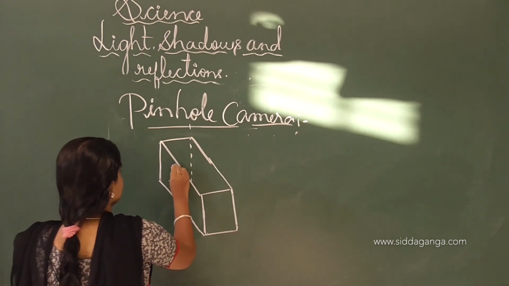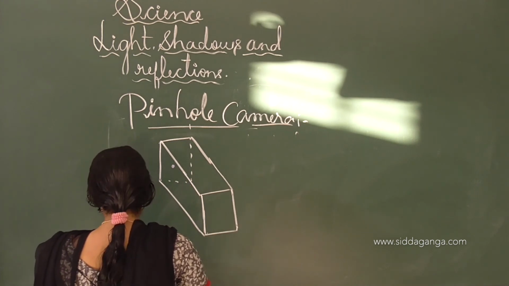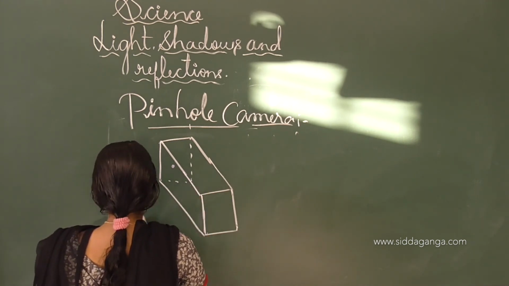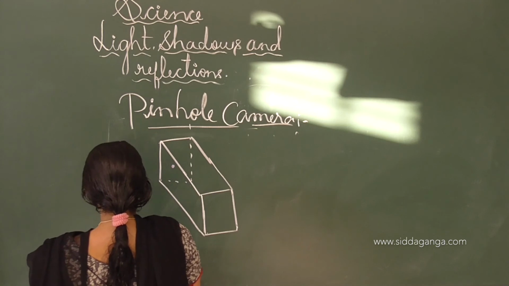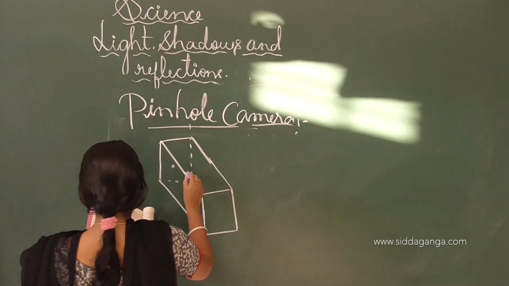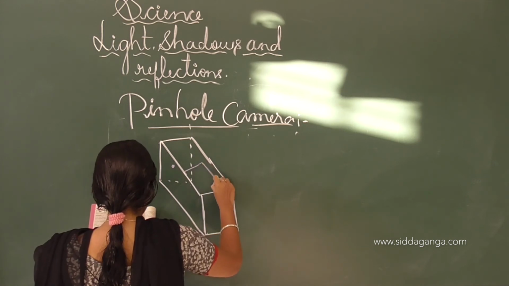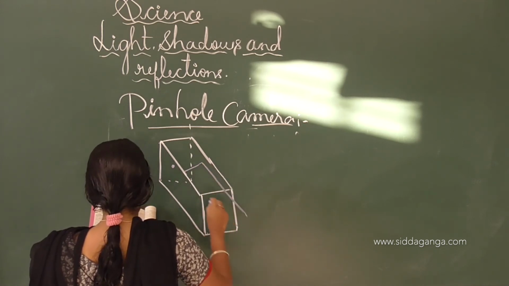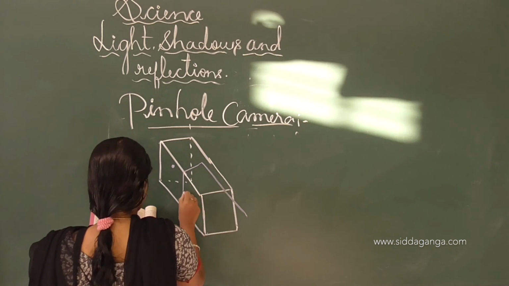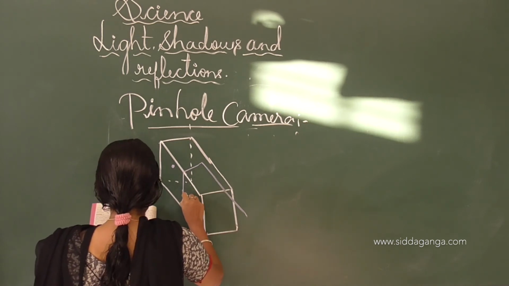Here we put a small hole, and later in the larger box we have to fix another box so that there is no gap between them.